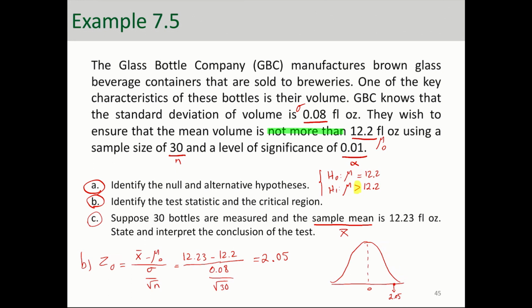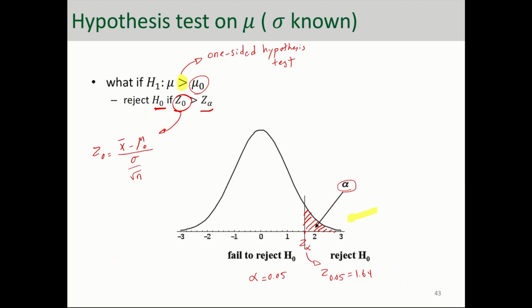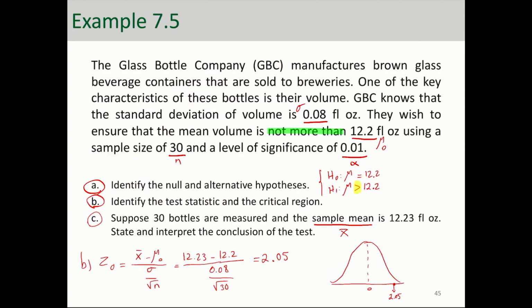We still don't know where the critical region limit is. We need to find that out. Again, because this is a one-sided test, going back a few slides, our critical region is when the z-score is greater than z of alpha. So we need to find z of alpha. Alpha of our test is 0.01.